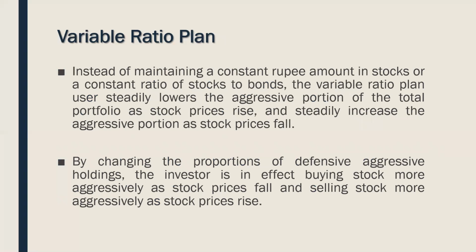When the price is high, sell off the aggressive portfolio as much as you can and invest that money in the defensive part. And when the prices are falling, it's best to sell some securities in the defensive portfolio and buy the securities that come under the aggressive portfolio. So that is the variable ratio plan.